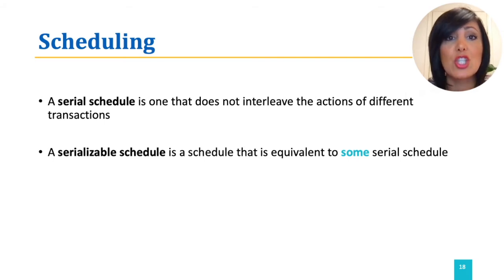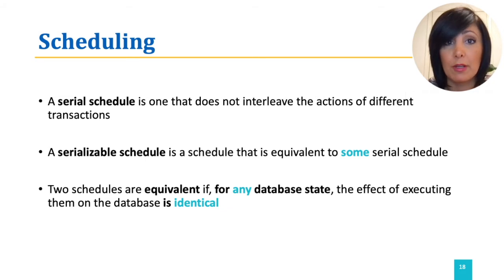Interleaving is a change in scheduling, and we saw that it changes the effect of transactions on the database. A serializable schedule is a schedule that is equivalent to some serial schedule. What does equivalent mean, though? Two schedules are equivalent if, for any database state, the effect of executing them on the database is identical.